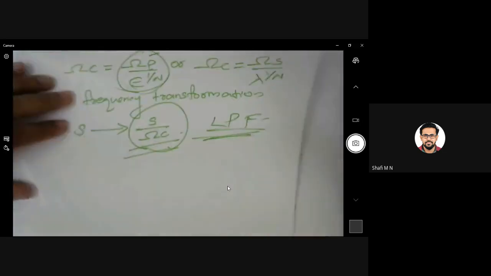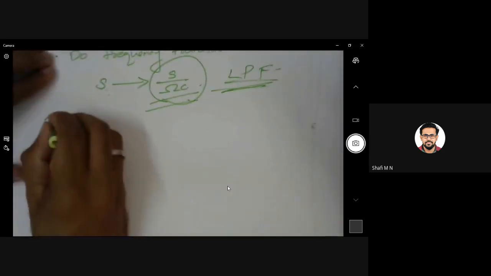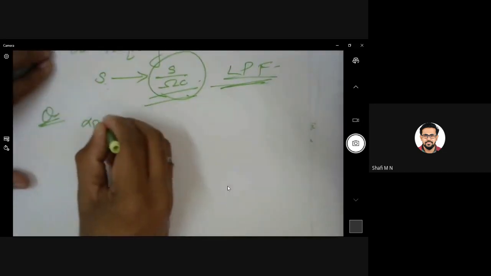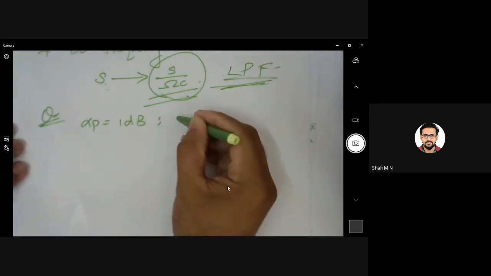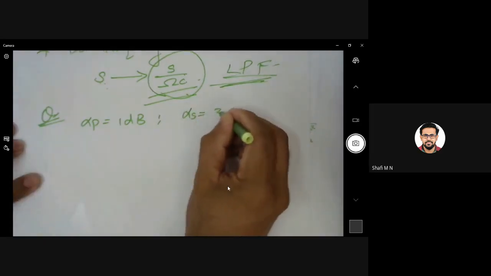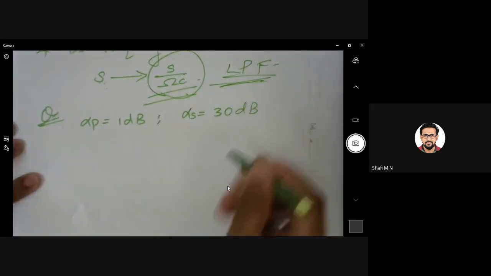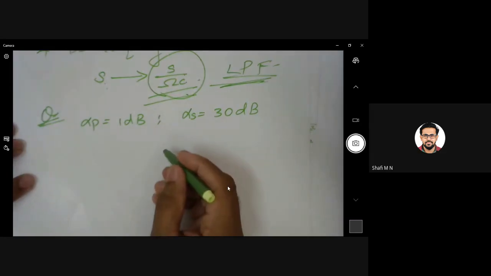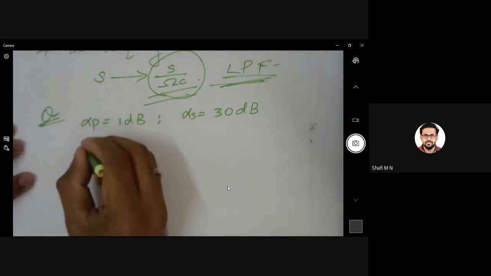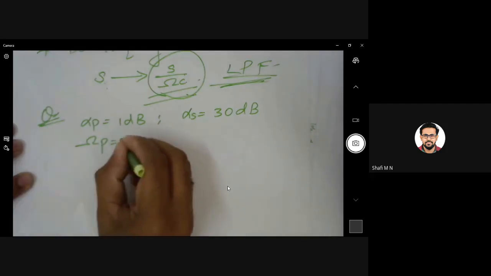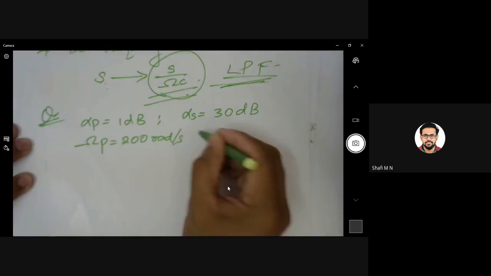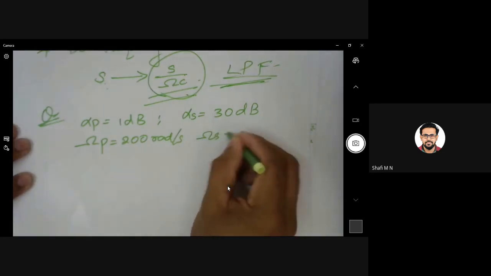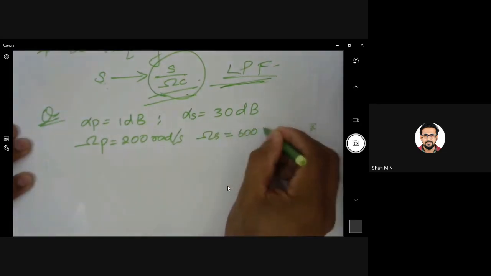These are the specifications. Just compute the order only. Alpha S is 30 dB. That is stop band attenuation, stop band tolerance. Then omega P is 200 radians per second, and omega S equal to 600 radians per second.